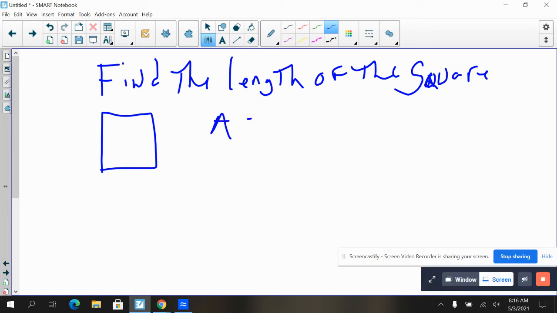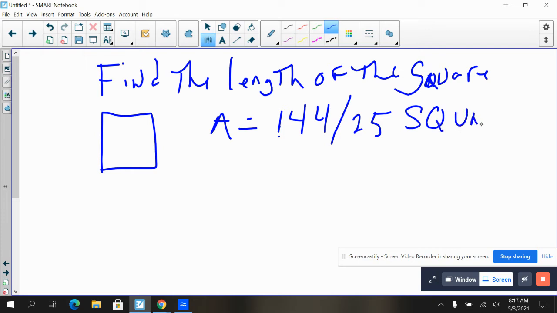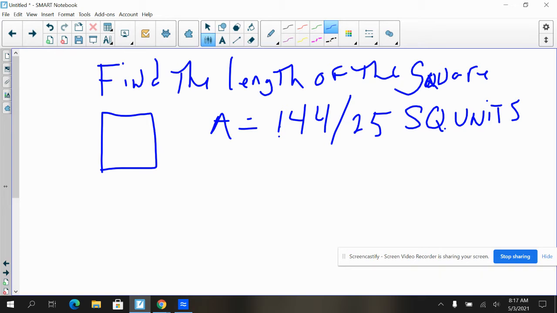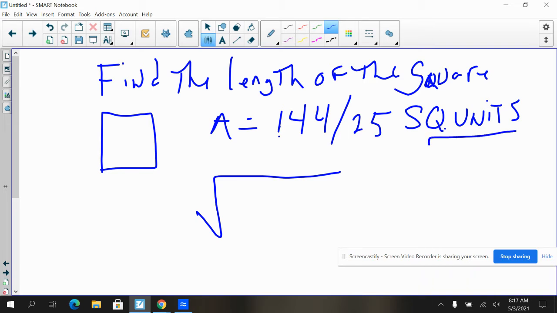They give you that the area is equal to 144 divided by 25 square units. Okay, if they give you the square, then you've got to find the square root. We've got to find this thing, because it clearly says square units.